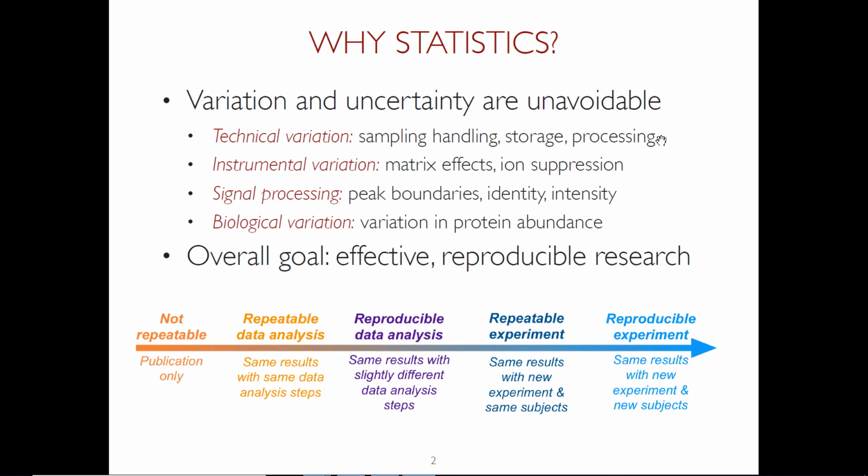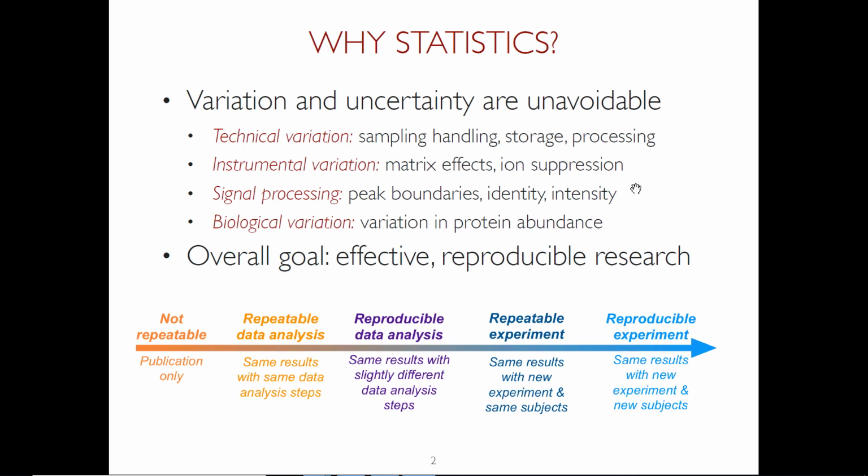The way biological samples are stored will affect the abundances of proteins and our ability to quantify them. Then, of course, there is the instrumental variation. Once we have the biological mixtures, we need to analyze them on the mass spectrometer, and we have secondary effects such as matrix and ion suppression, which will also affect the readouts which come from the instruments.